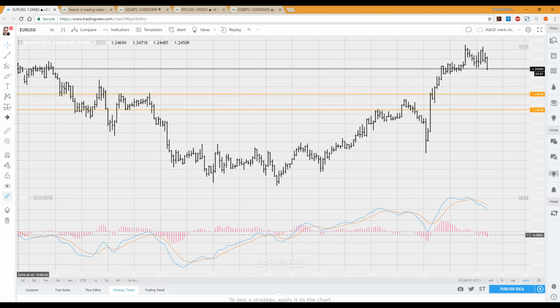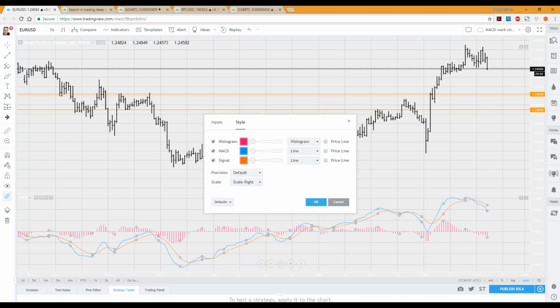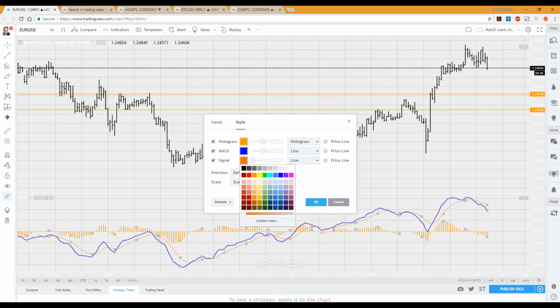Now, because we want, we can colorize it and customize it. So what we want is we want the MACD line to be red, we want the histogram to be gold, and we want the signal line to be red.